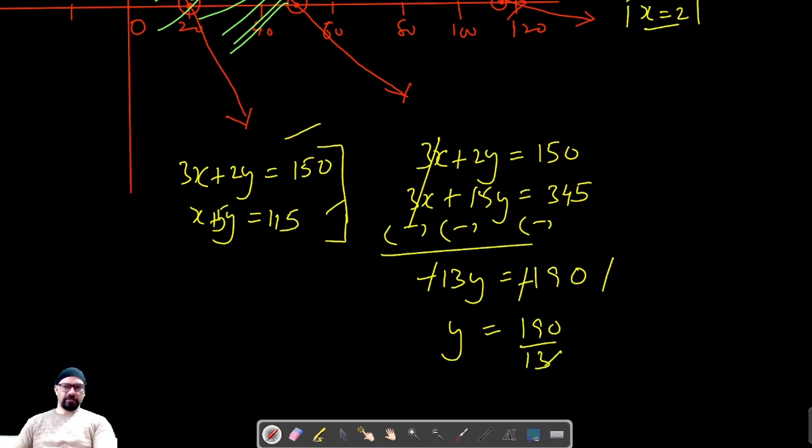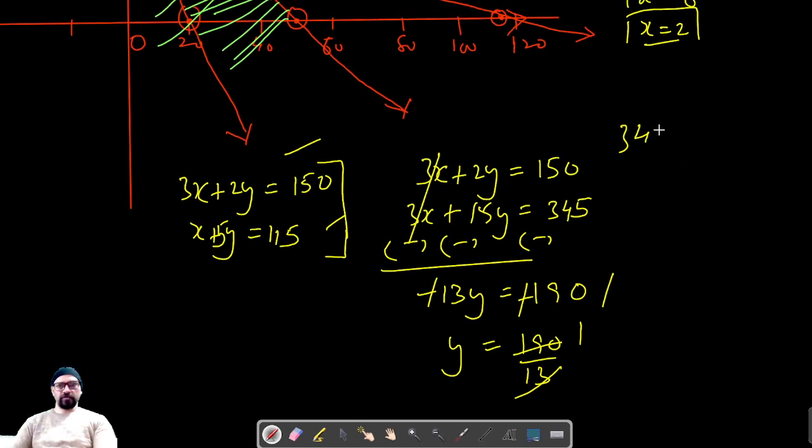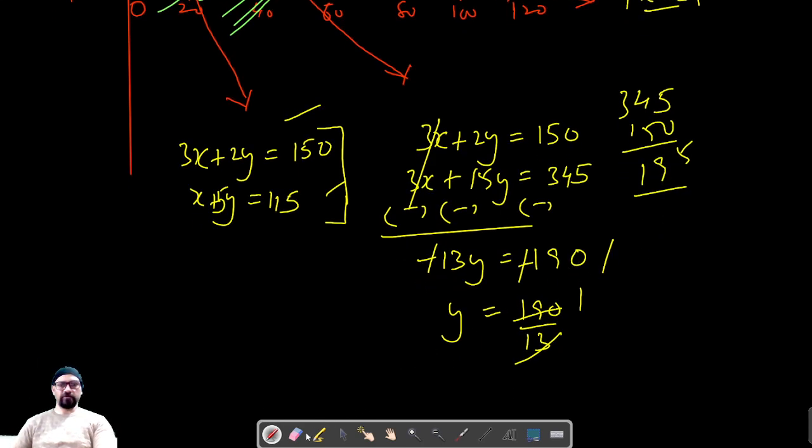Okay, let me check it once again. It's 345 minus 150, which is 195. Actually, this is 195. And now if I divide it by 13, this is 15.